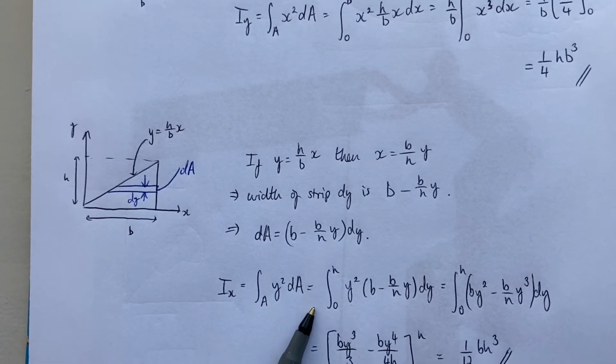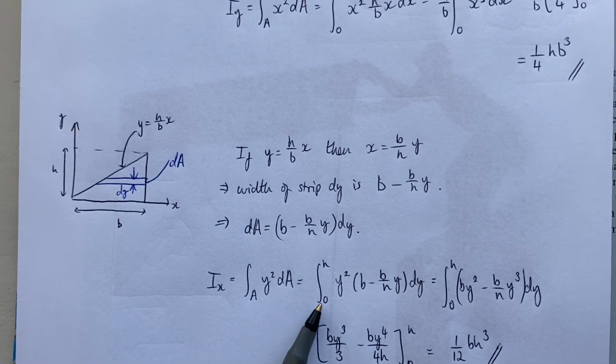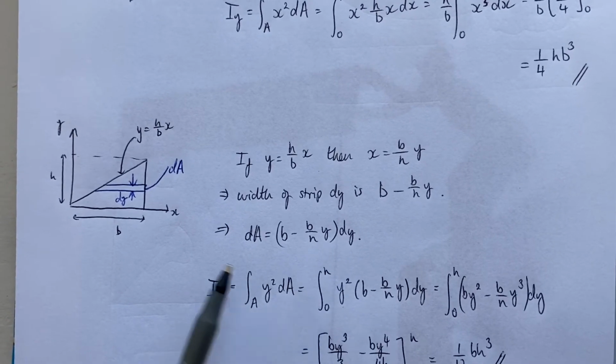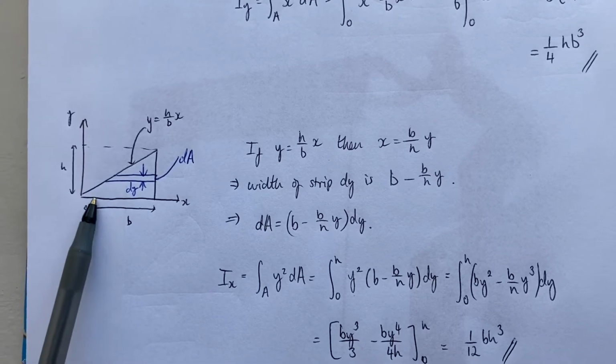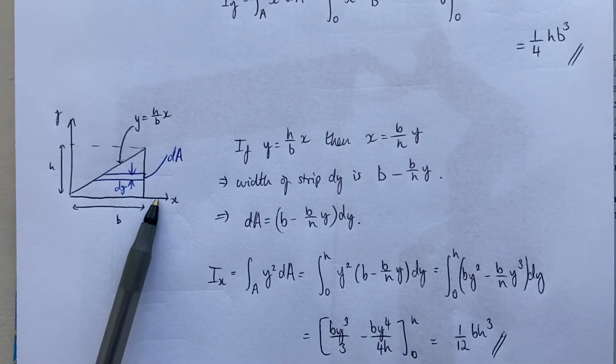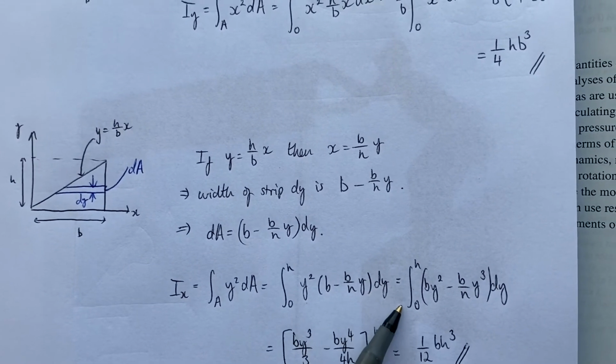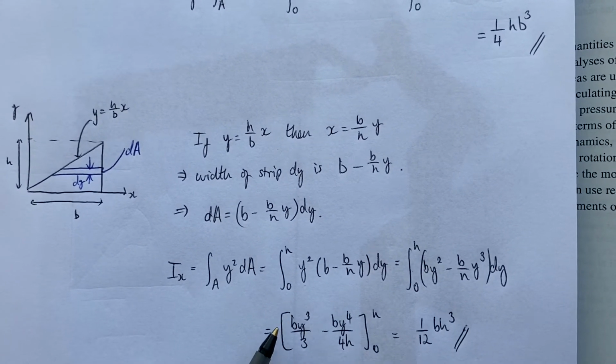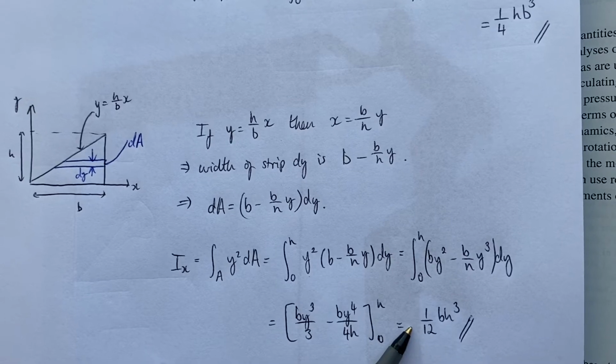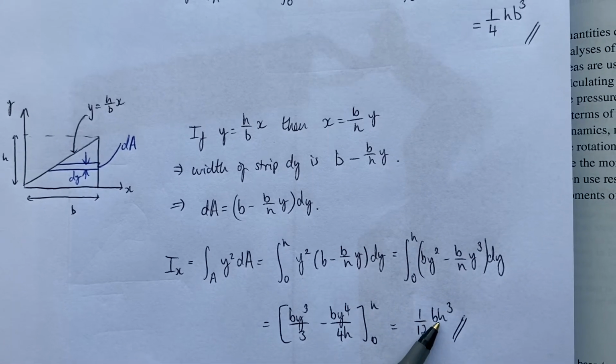So again, plug that in. Now I'm dealing with an integral between 0 and h instead of 0 and b. So I go ahead, calculate that integral, and I should get 1/12 bh cubed.